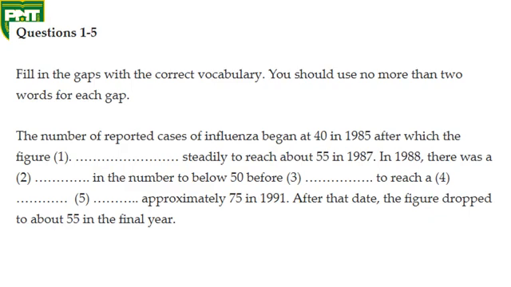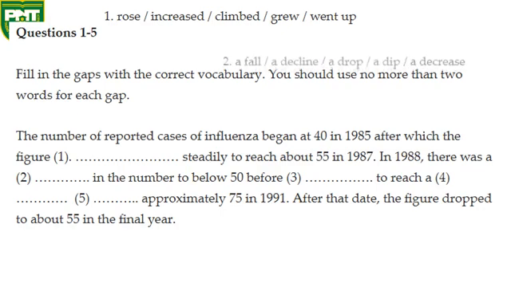Well, I'm showing you the answer. You can use rose or increased or climb or grew and went up. All these verbs are used to express an upward trend or an increase in something.